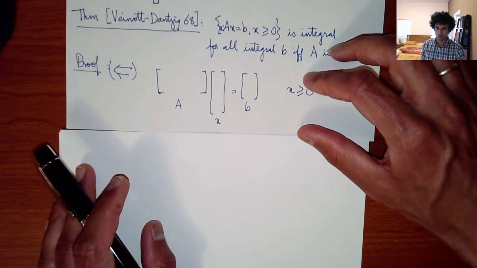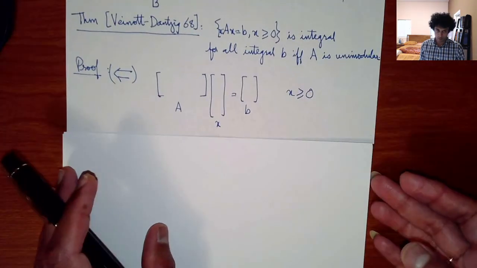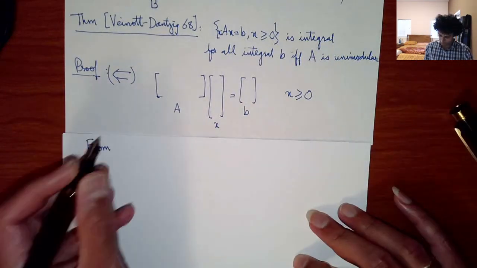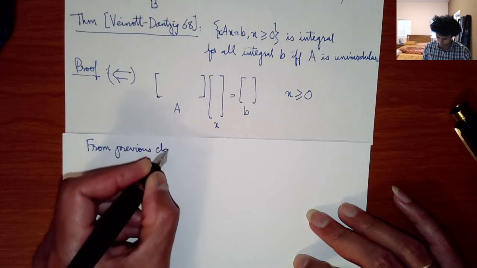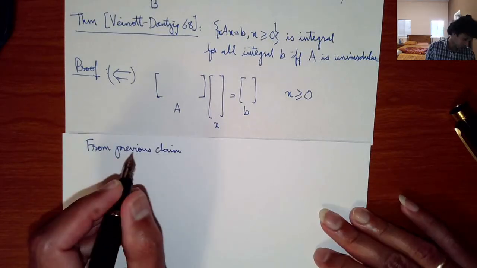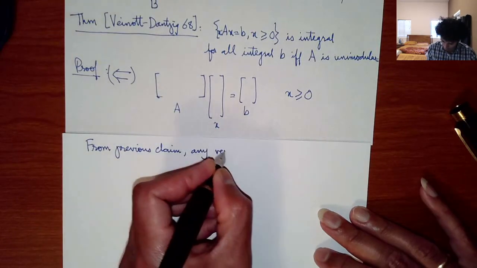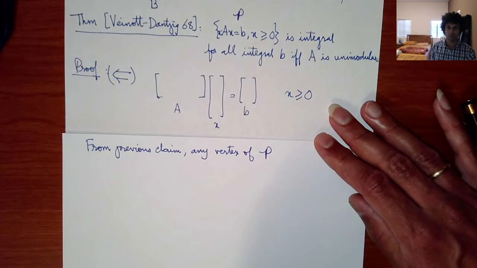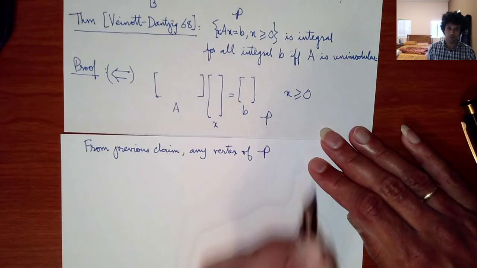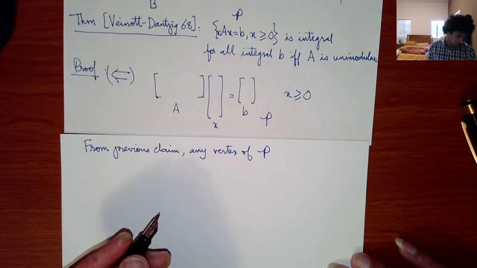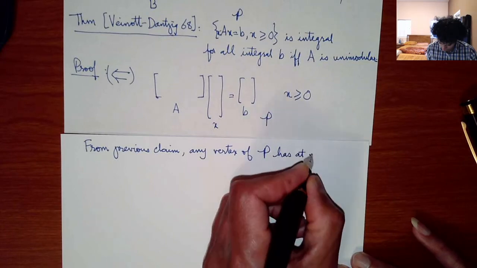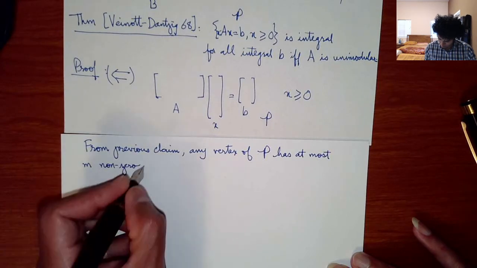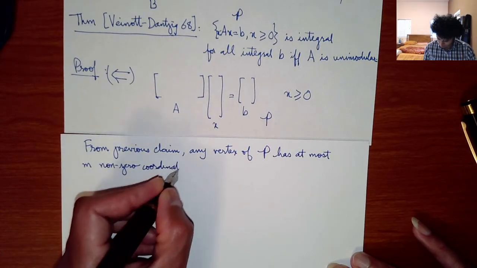From the previous claim, which I showed you, any vertex of the polytope P has at most m non-zero coordinates.